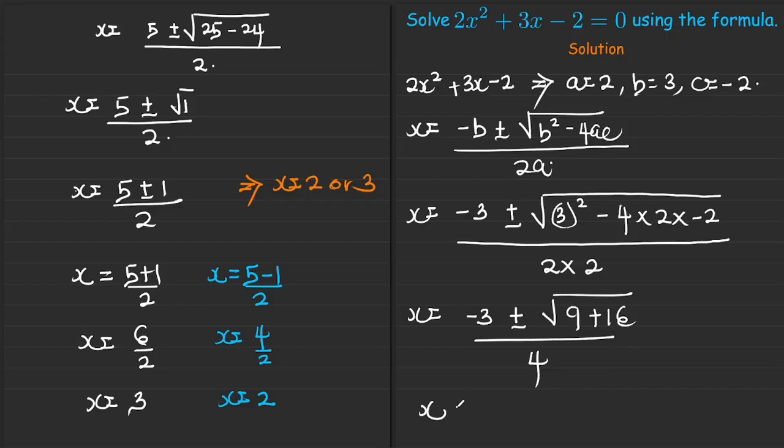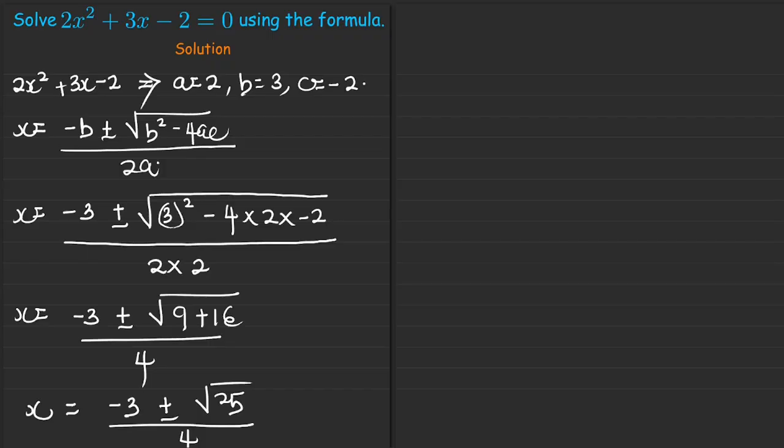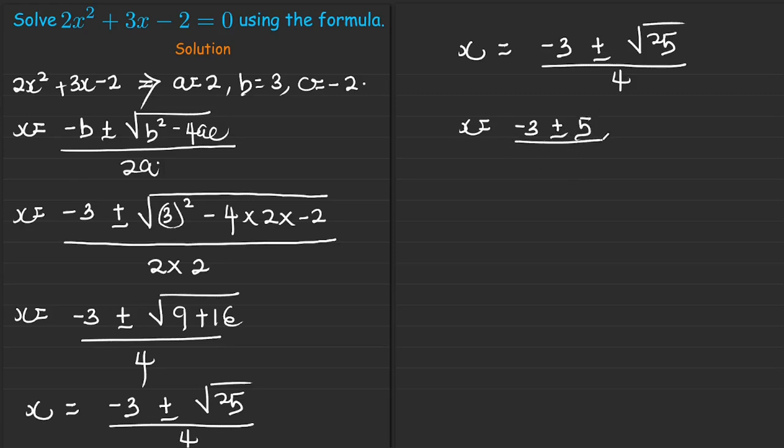So we have our x giving us a negative 3 plus or minus the square root of 9 plus 16 gives us a 25, then all over 4. So simplifying further, we have x being equal to negative 3 plus or minus the square root of 25 is a 5. So over the 4.